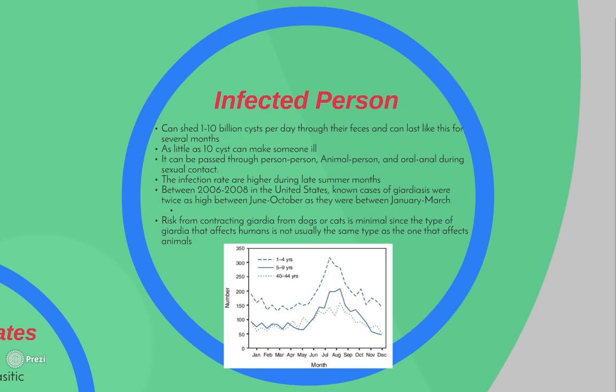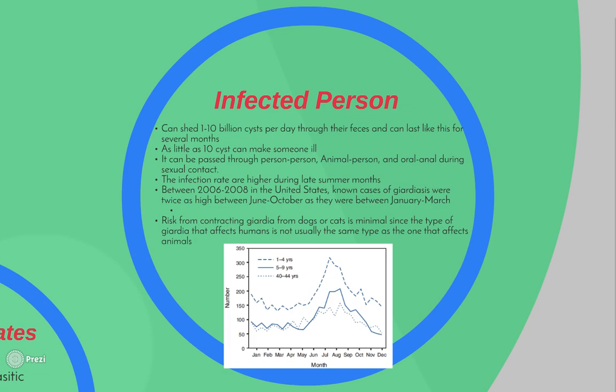Infections tend to be higher during the late summer months. In research between 2006 and 2008 in the United States, cases of Giardia were twice as high between June and October as they were between January and March. So June to October are the late summer months, and below I will show you more in depth with the graph I got from that study.